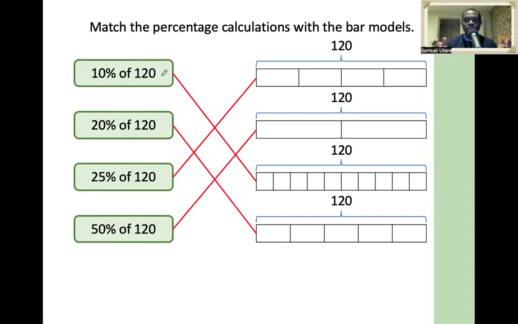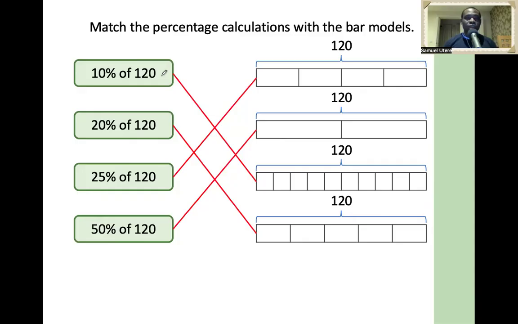So in general, what you need to know is that if you're asked to find 10% of any amount, you're just required to split that amount into 10 equal parts or just divide that amount by 10. If you're asked to find 20% of any amount, then what you really need to do is to divide that amount by 5.